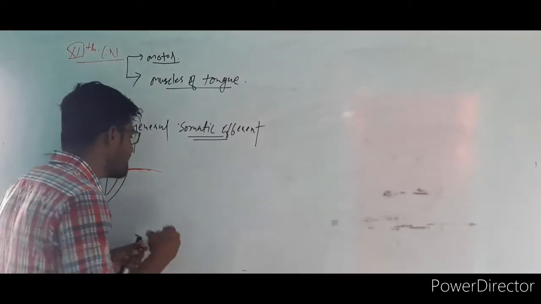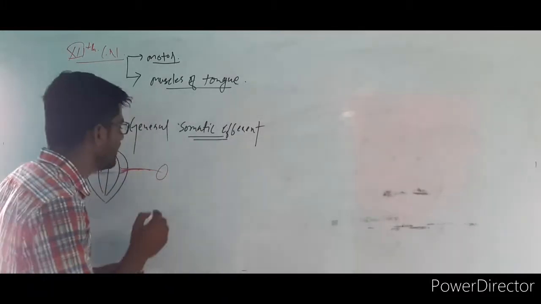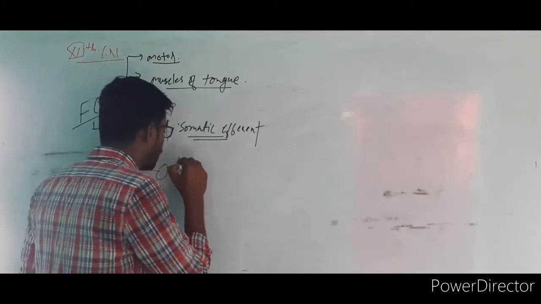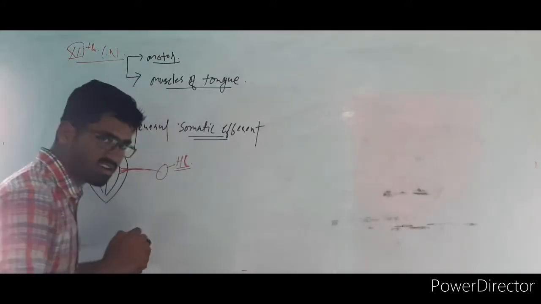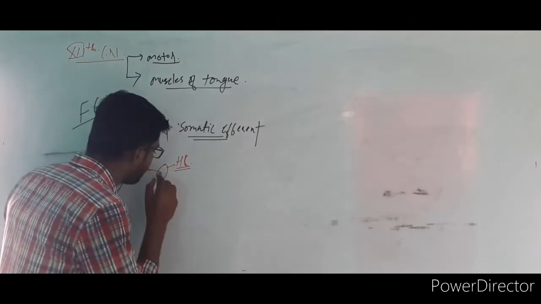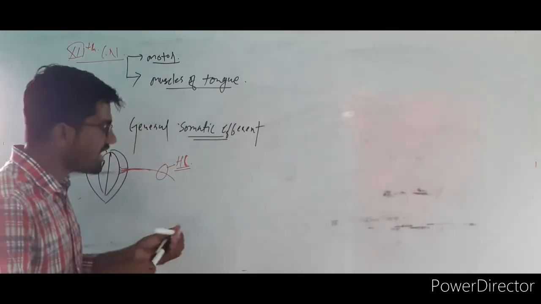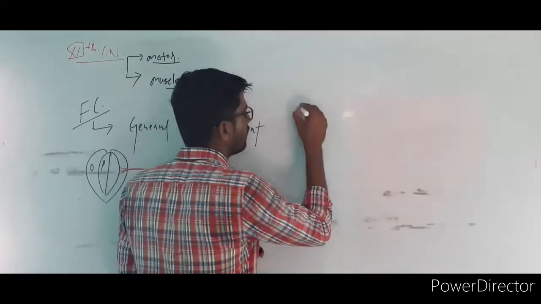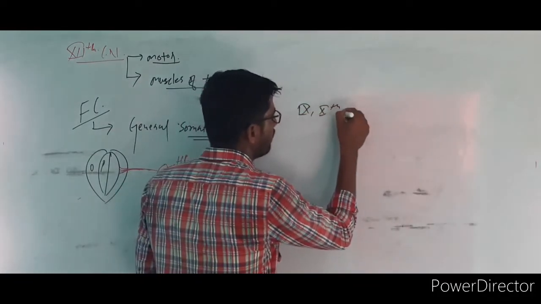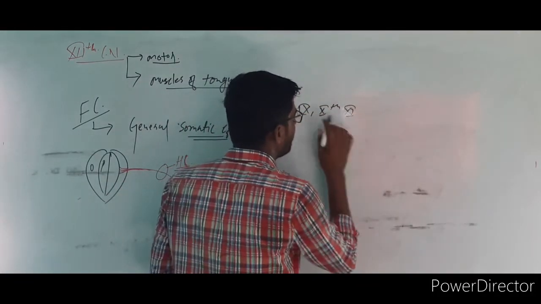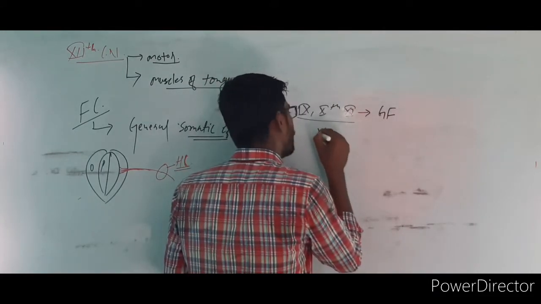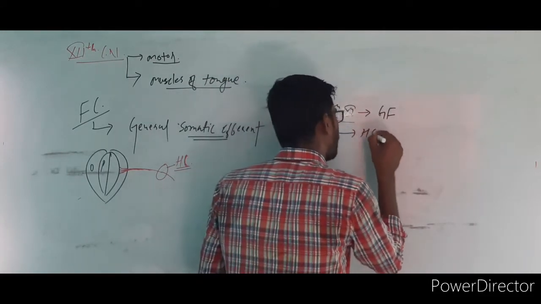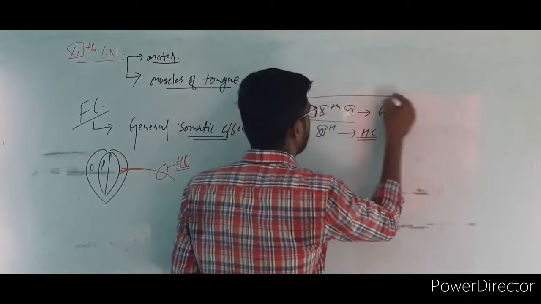You remember like this: here is one canal, and that is called the hypoglossal canal, HC. So it comes out from here. Remember one thing: the 9th, 10th, and 11th cranial nerves leave through the jugular foramen, and the 12th through the hypoglossal canal. Okay, remember these things.